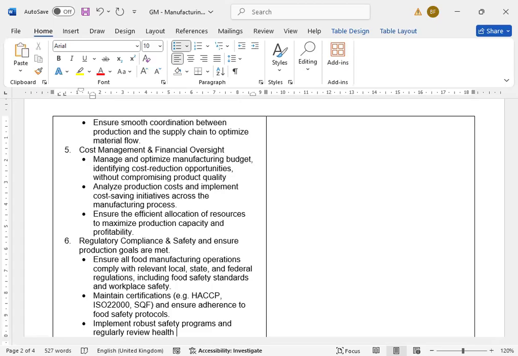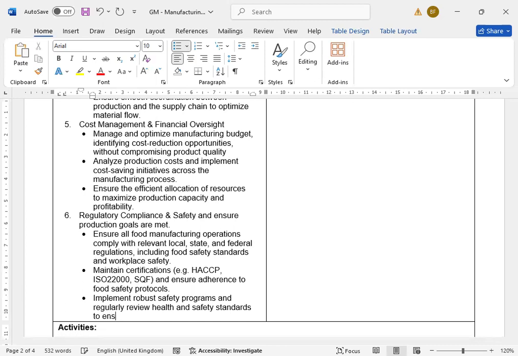Okay, it could be an acute sickness, or it could be a chronic sickness. So that should be found out in doing the risk assessment, and the assessor will recommend and put safety measures in place. Okay, so we have to review health and safety standards to ensure a safe working environment. There could be fire hazards, chemical hazards, physical hazards.